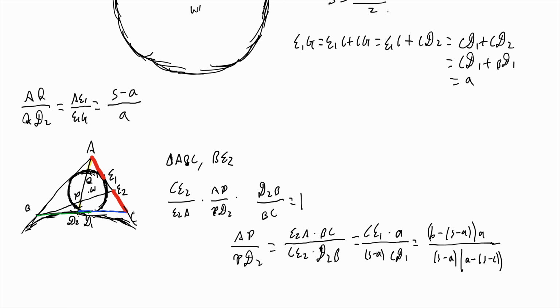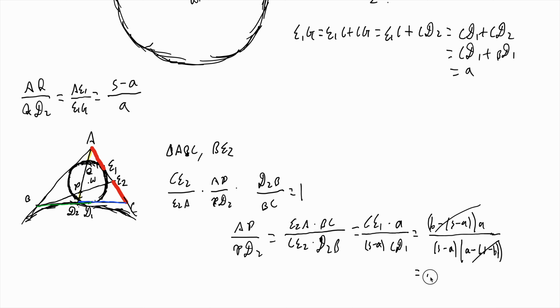And we have this equals A minus S minus B. Then we know that this is A plus B minus S. So these two cancel out. And this is equal to S minus A over S minus A.